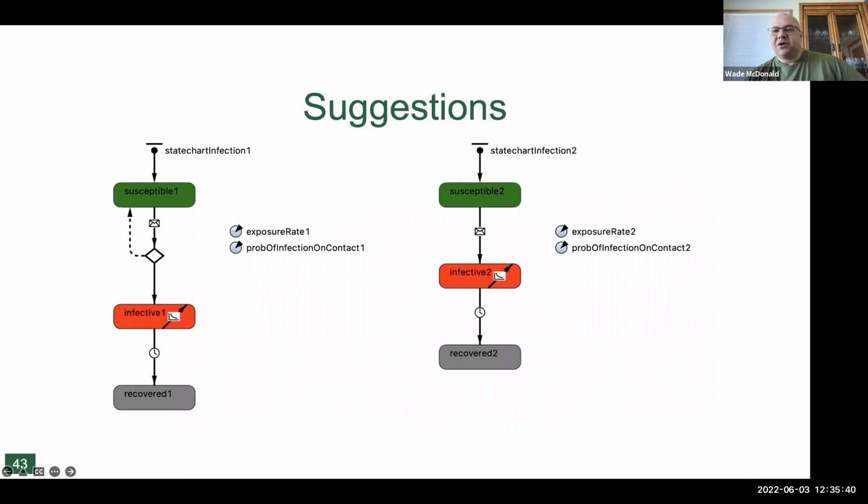So when a person is infected with a pathogen, assuming it's a virus, their viral load varies over the course of the infection, and the amount of virus that they're shedding into the environment also varies with that viral load.